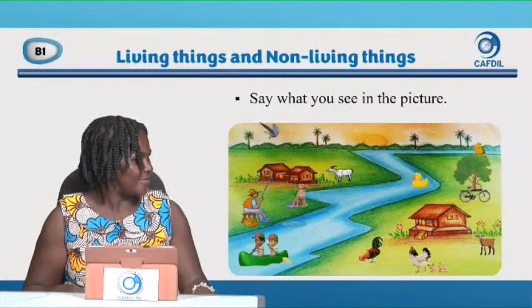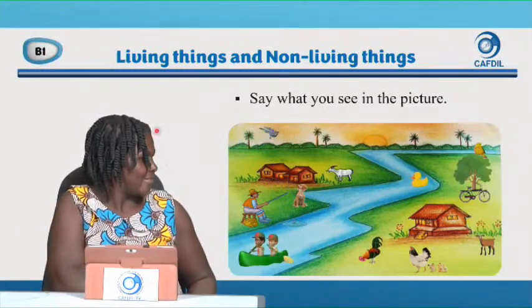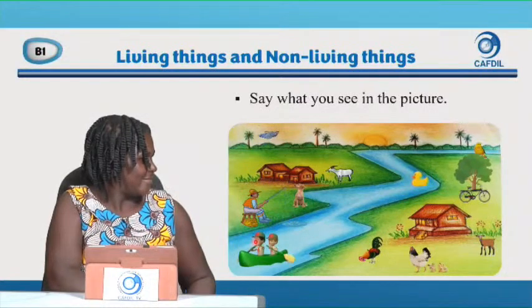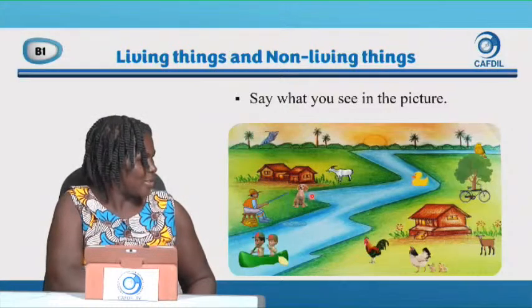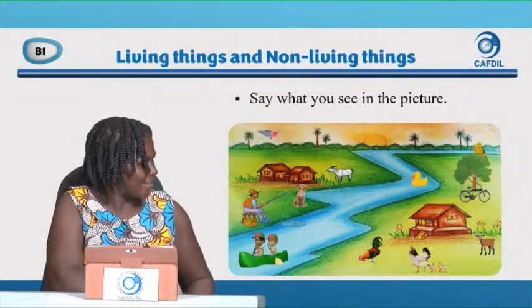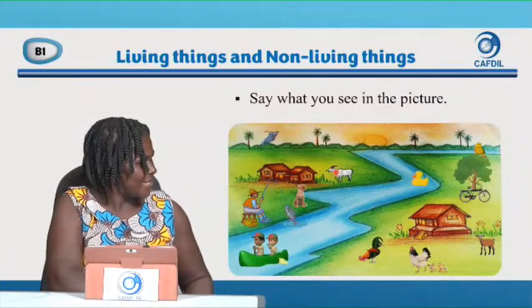Now we have 2 boys in a canoe. We have a man catching fish. We have a dog, 2 houses, a bird flying in the sky. We have a goat eating weeds.